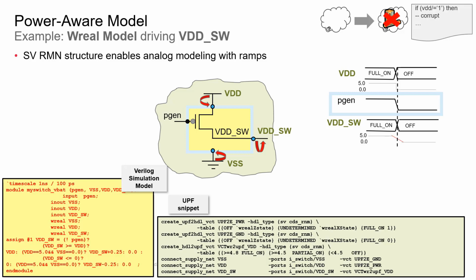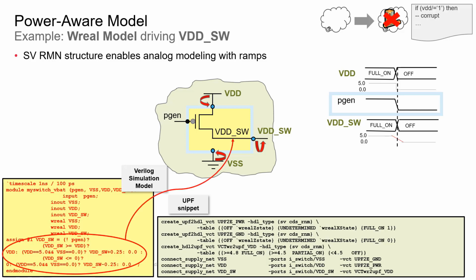And what you will see compared to what happened in my digital world is that VDD_SW with my analog model is now a ramp. It's no longer an ideal transition. You can model a full ramp and assume that you have an inertia on your power switch, that until you reach a specific voltage it will take time, and you don't want the digital side to do something while it's not fully powered up.